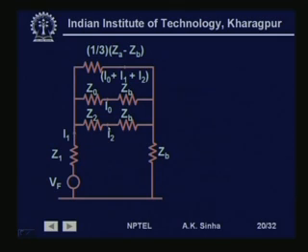So, this is I1 flowing, this is I2 flowing, this is I0 flowing through this circuit, and I1 plus I2 plus I0 flowing through this circuit like this. So, this is the complete circuit which defines the sequence network connection for the system where we have an impedance ZA in phase A and impedance ZB in phase B as well as phase C.